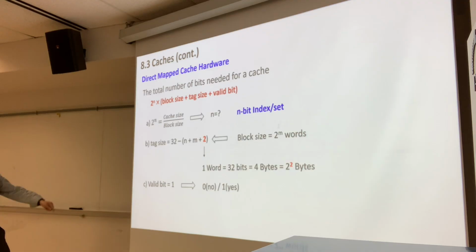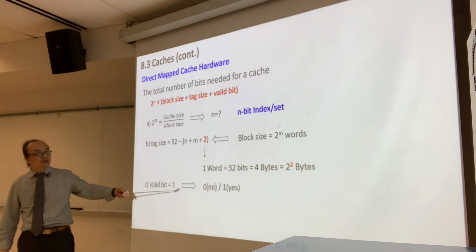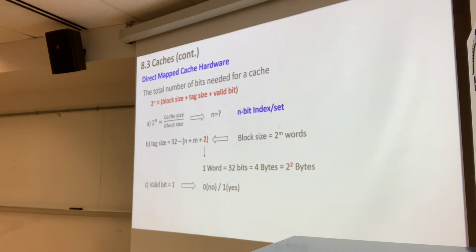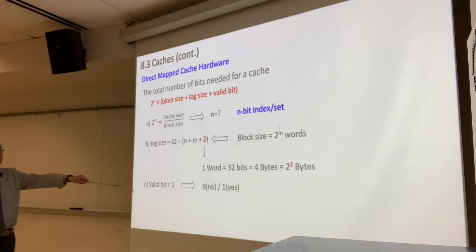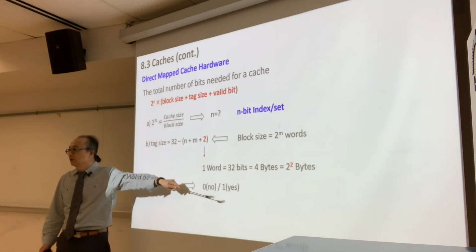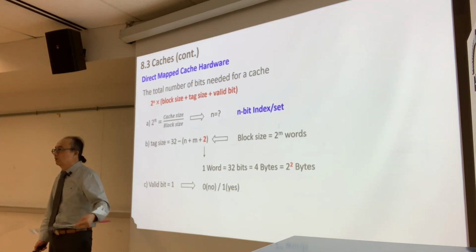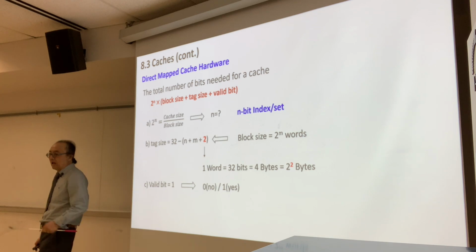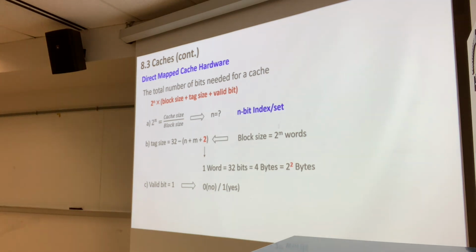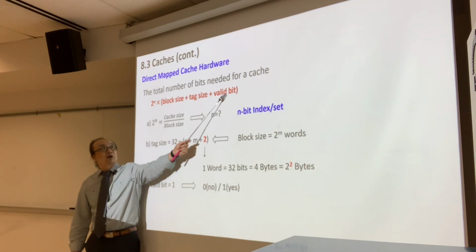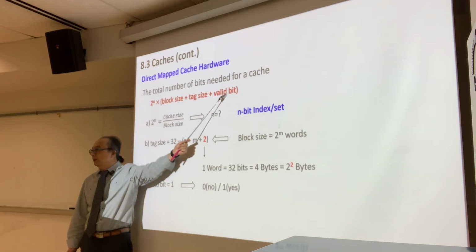And then the valid bit is always 1 bit. Either we have cache or no. In that very specific location, if the valid bit is 1, then there is cache. If the valid bit is 0, we don't even have to bother looking into it, right? Because the cache is empty on that block. So when you calculate this, the valid bit is a bit, right?